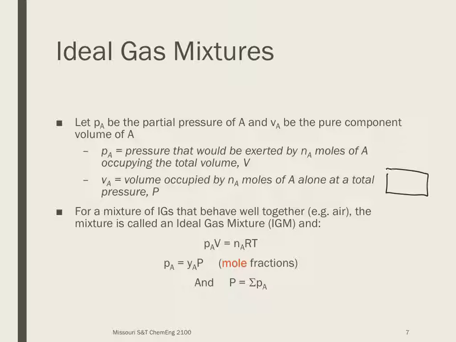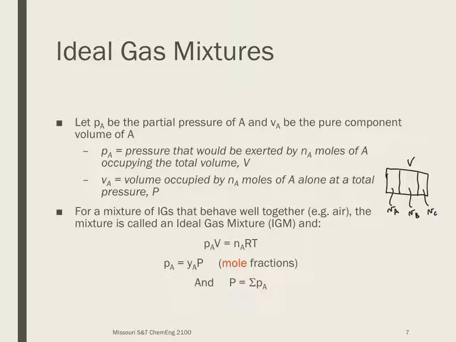If this is my space V, and I have A and B and C, this space here would be maybe V sub A, V sub B, and V sub C, pretending that I could totally separate out the components A, B, and C. So this is partial volume. Partial pressure is if I were to make all the A's and B's and C's wait outside of the space V and come in one at a time and measure the pressure.